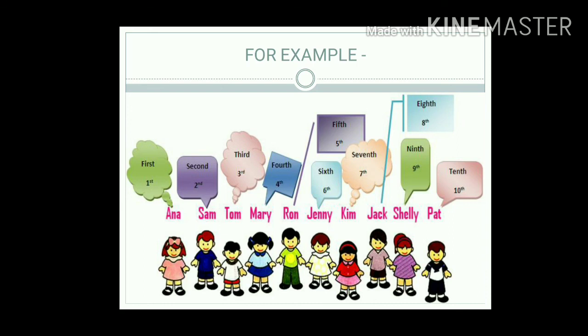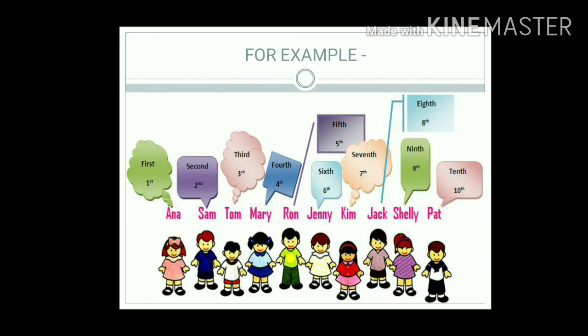Ron is in 5th position. Right, children? Now, who is standing in 7th position? Find out. Yes, that is Kim. Kim is standing in 7th position. And who is standing at the last? The 10th position is the last one, and Pat is standing in the 10th position. Right children? Able to understand this?